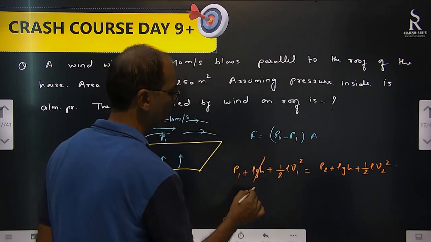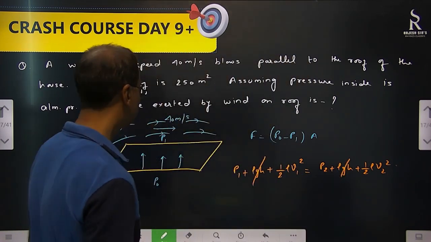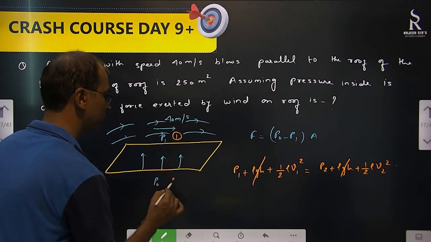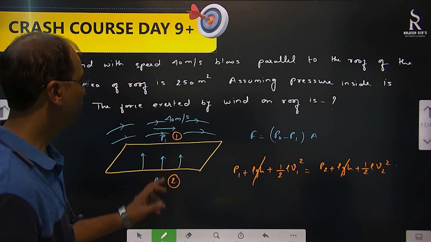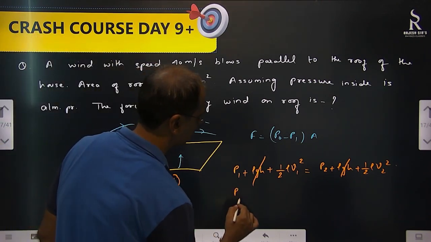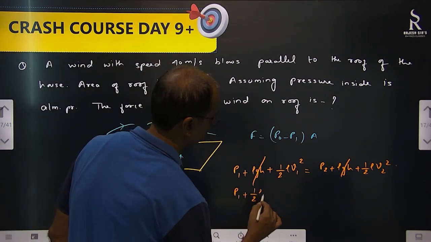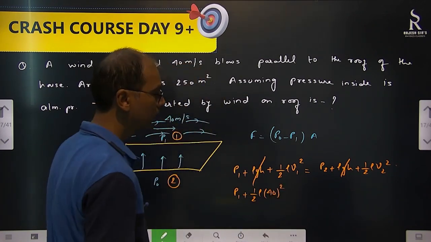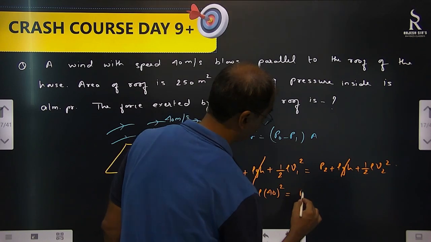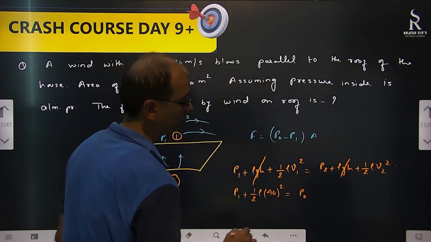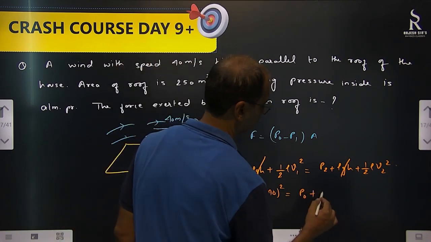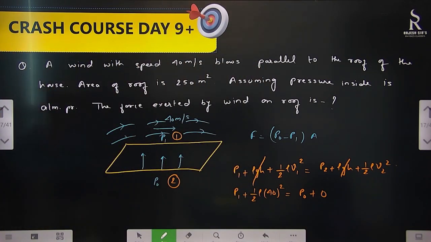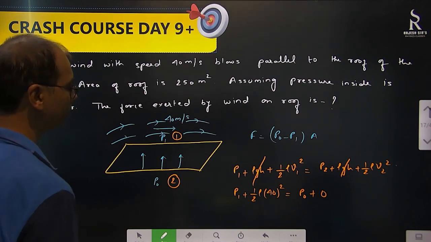Rho GH is gone. Now P1 is which one? This is P1, and this is P2. So P1 plus half rho V1 square equal to P2, which is equal to P naught, it's given as atmospheric pressure, plus 0. So are we getting the P2 value? Yes, we are getting the P2 or P naught value.